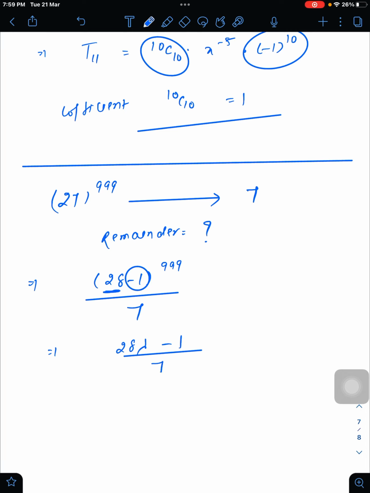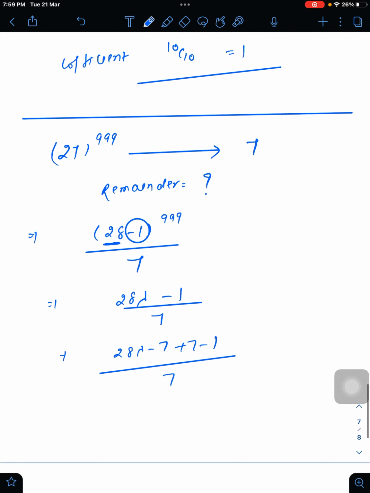Okay, lambda may be any number, the coefficient. So can I write it further? 28 lambda minus 7 plus 7 minus 1 upon 7. Now you will tell me, sir, why are you doing this? So I want to change it into a multiple of 7.